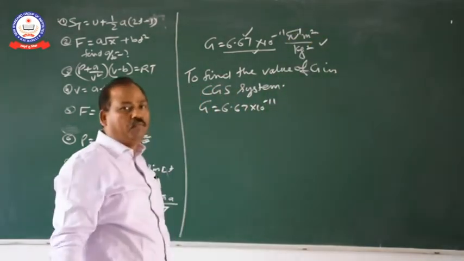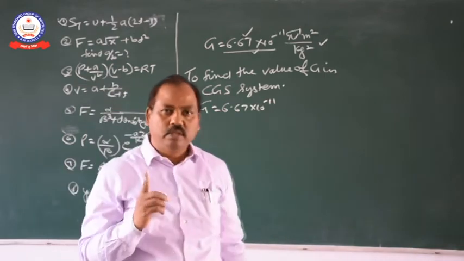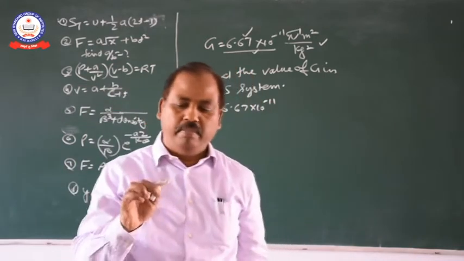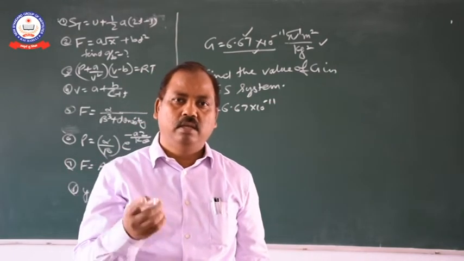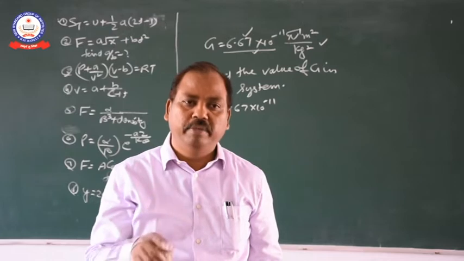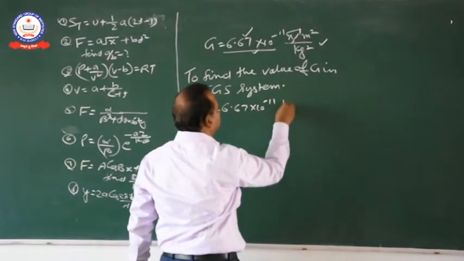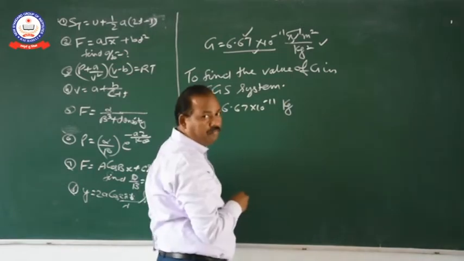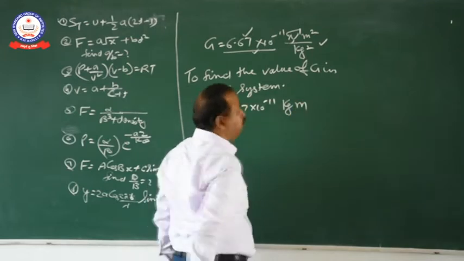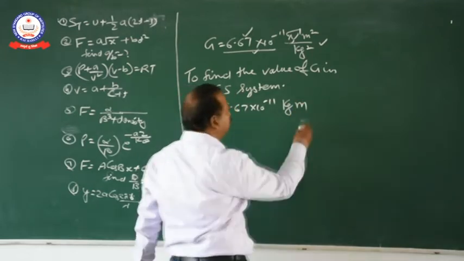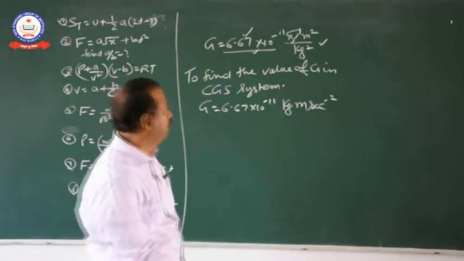Newton means force, and you know the dimensional formula of force is M L T raised to power minus 2. M means mass, L means length, T means time. In SI, mass is kilogram, length is meter, time is second raised to power minus 2.